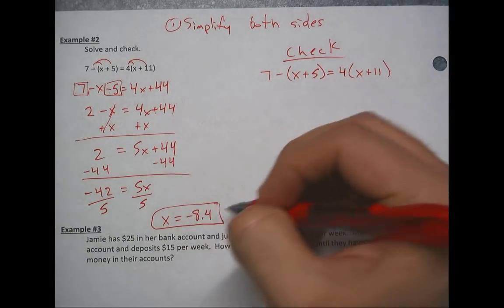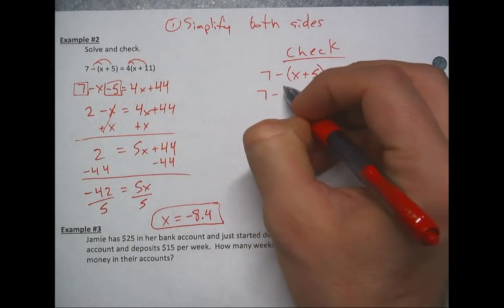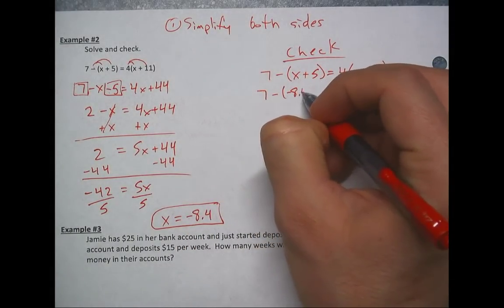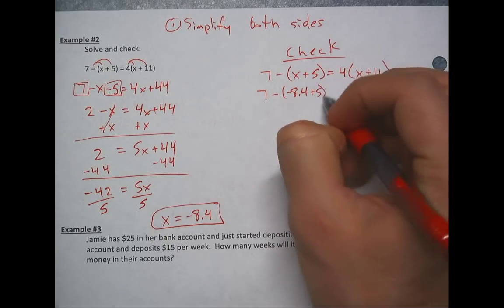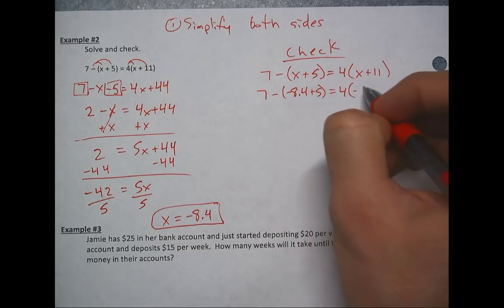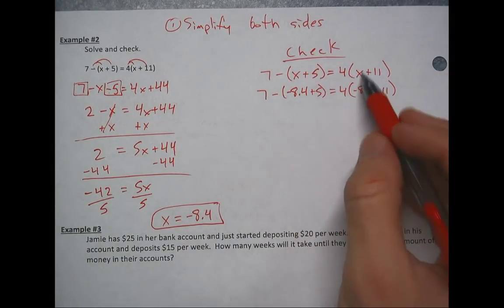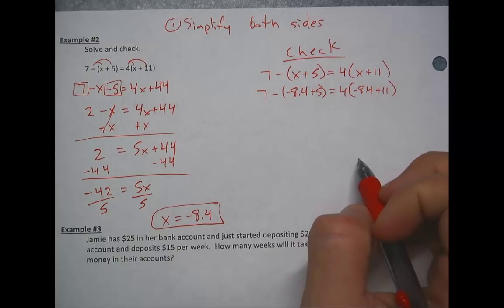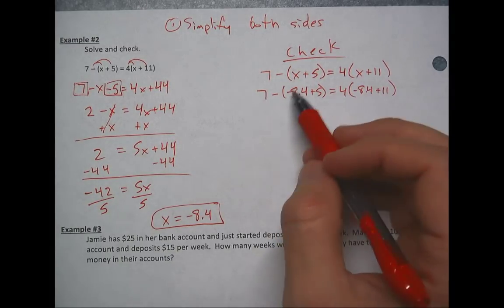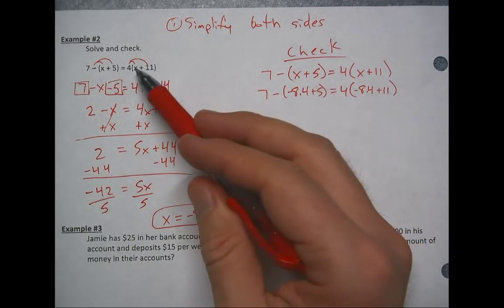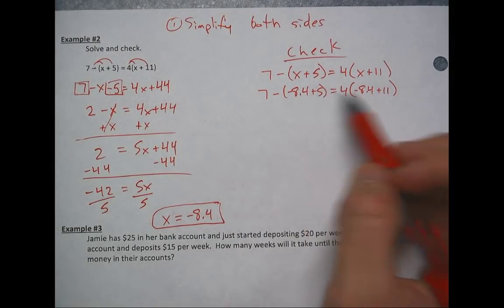So everywhere I see an x, I'm going to change it to a negative 8.4. So 2 spots to do that in, right here and right here. And now you need to follow your order of operations. You don't need to distribute. Distributing will work, but that's more for when you have a variable in there. We really can just follow order of operations.